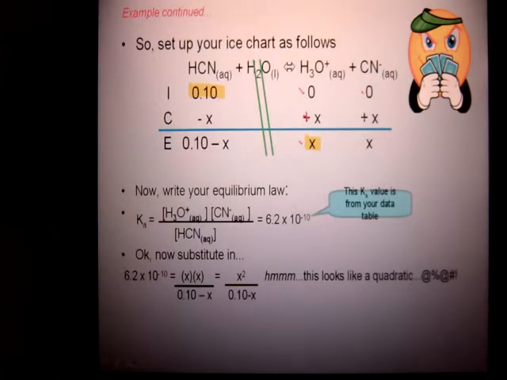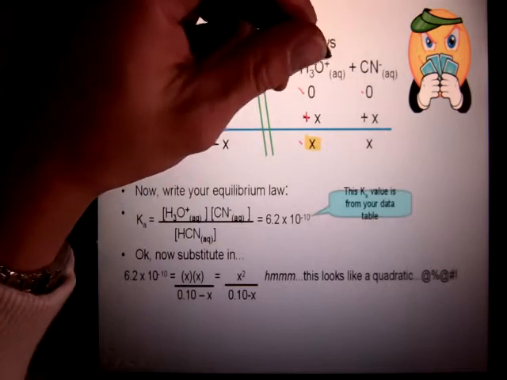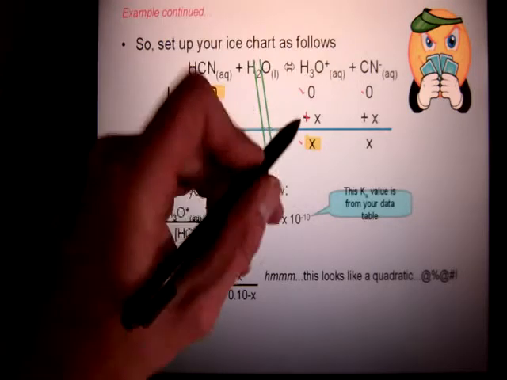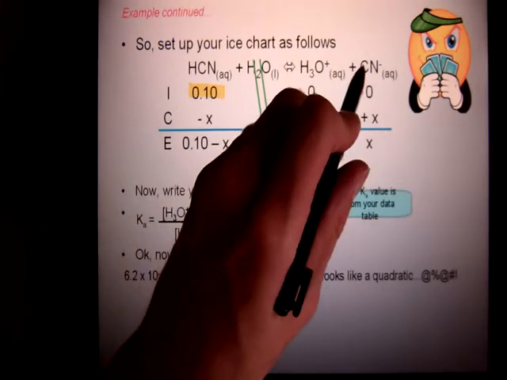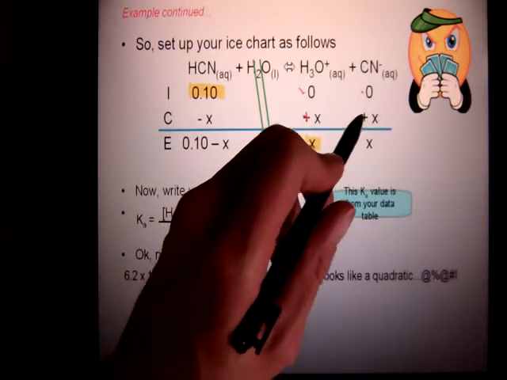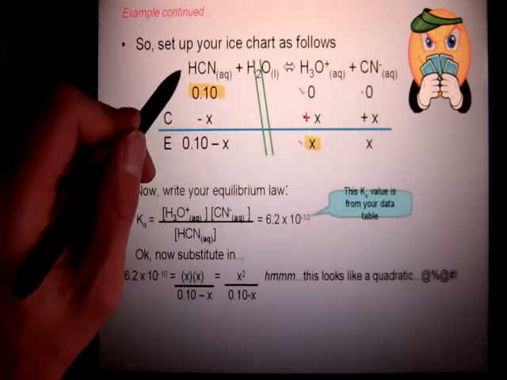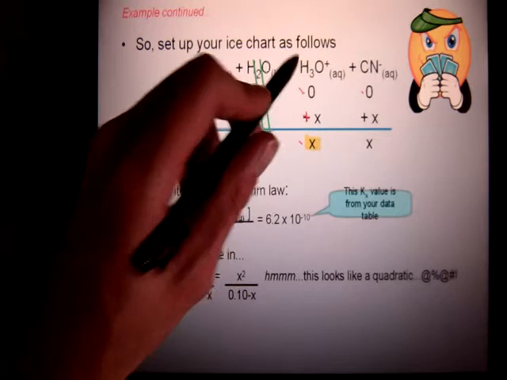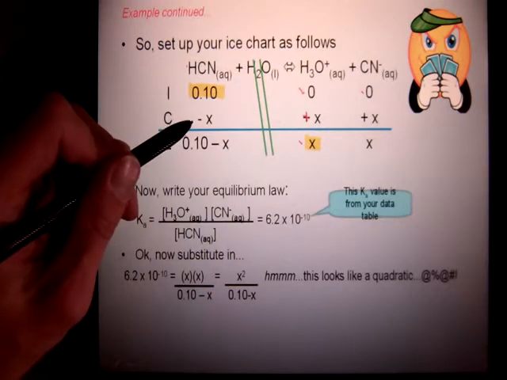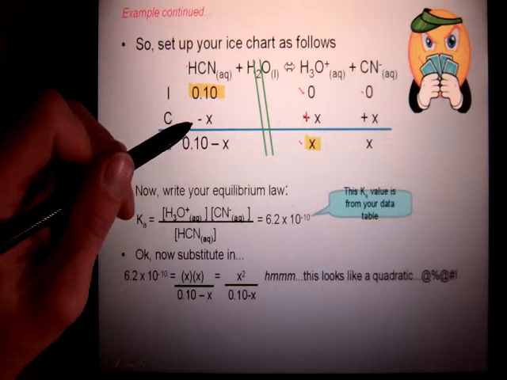And then, just like before, use the ratio to solve for the other change values. Here, the ratio is going to be 1 to 1. That's why this is also a change in x. This ratio is also 1 to 1, so it's also a change in x. But as in the other ice charts, it's a reactant, so it will likely be decreasing.